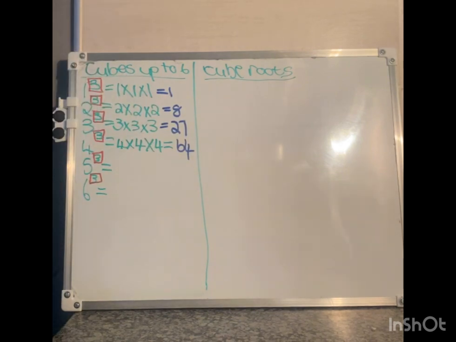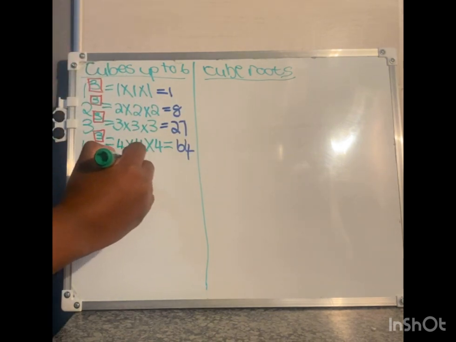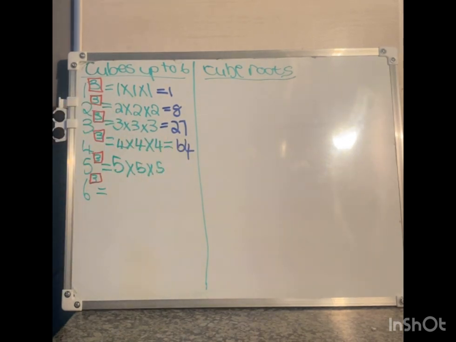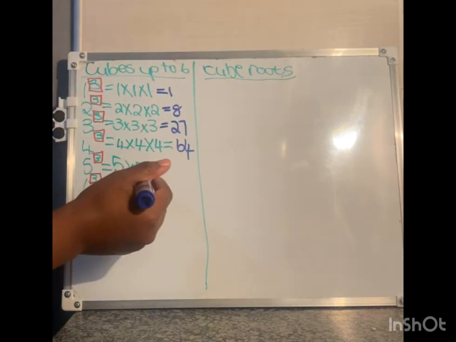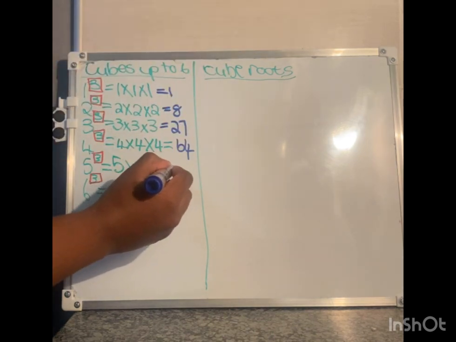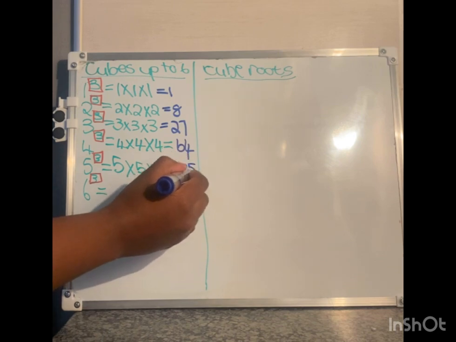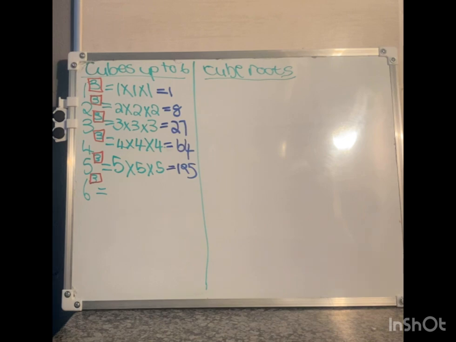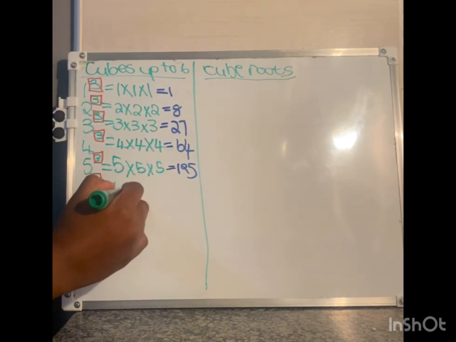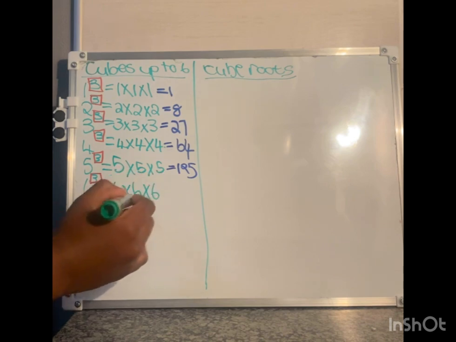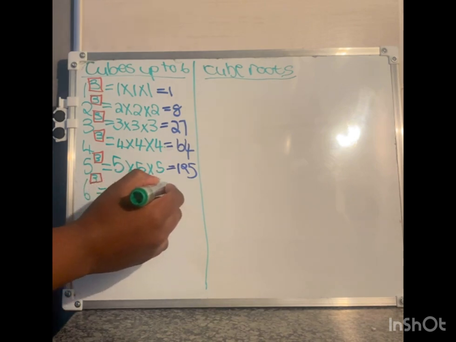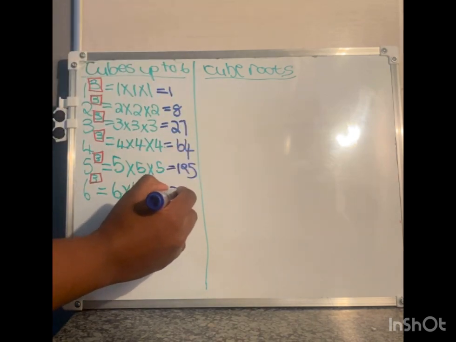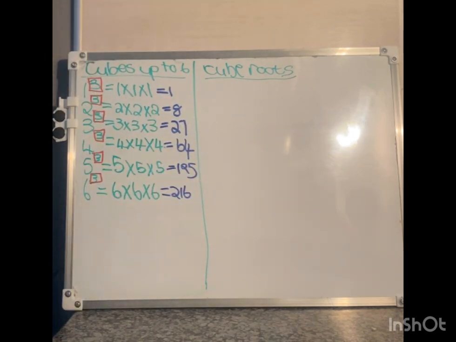And then 5 cubed equals 5 times 5 times 5, a number multiplied by itself and by itself again, which equals 125. And then 6 cubed is 6 times 6 times 6, which equals 216.